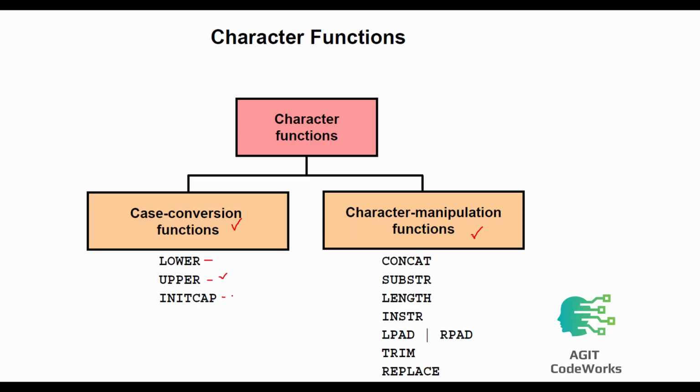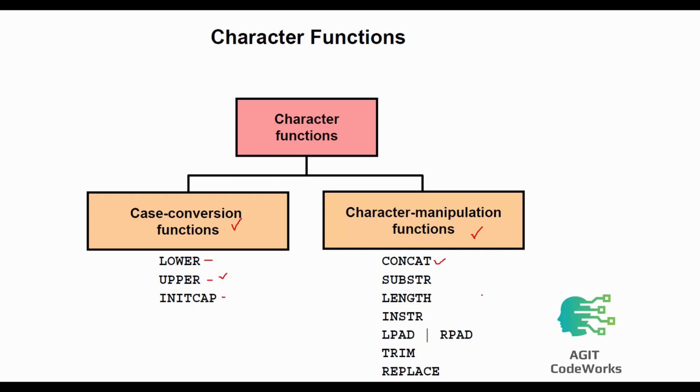Initcap means that the first character in the word will start with a capital letter while the rest go with lowercase. We'll shortly look at how to use this in our SQL Developer. Now we have the concat function.